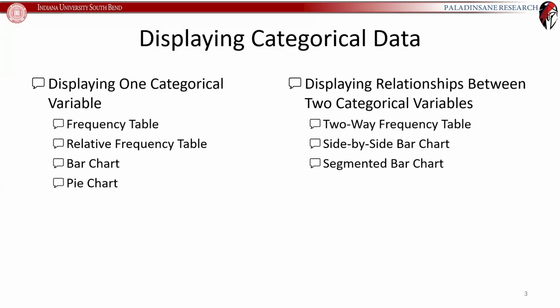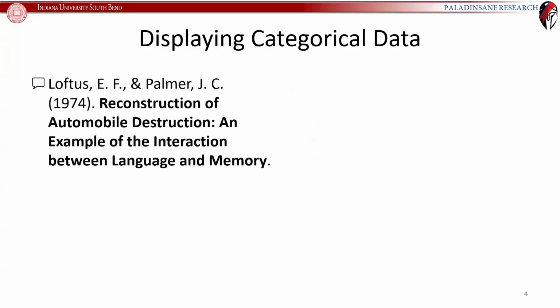Now, to illustrate these ideas and to take a look at how this is actually used in real psychology research, we're going to go back to 1974, which was apparently a great year for categorical data. We're going to take a look at two very famous, very influential psychology studies.